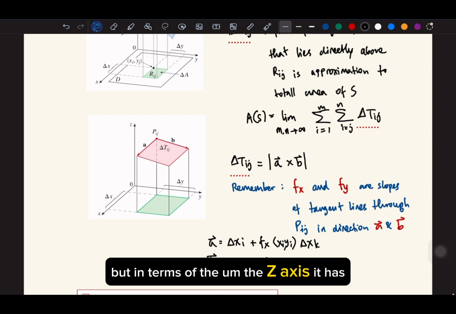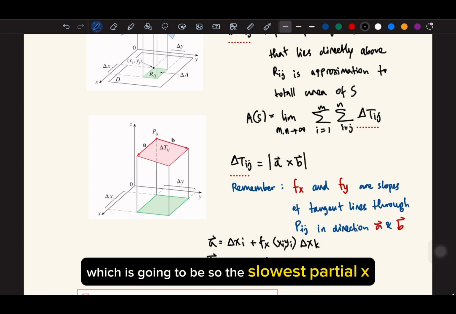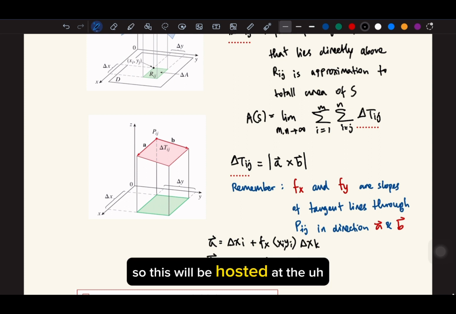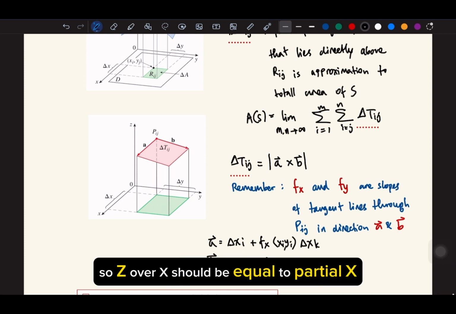In terms of the z-axis, the slope is partial x, that is z over x equals partial x.